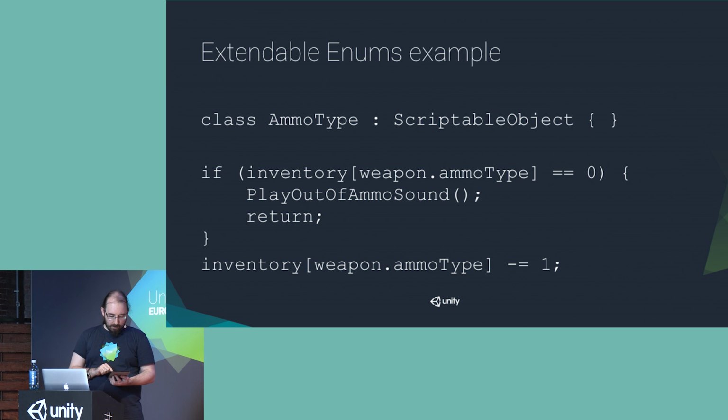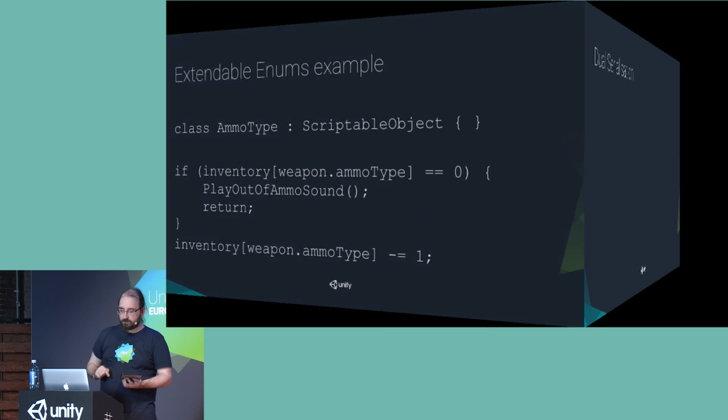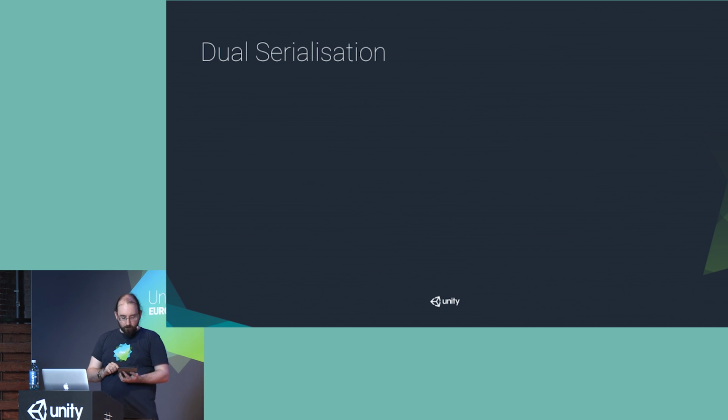So, pattern 3, dual serialization. As I said, one of the nice advantages to using scriptable objects is that they are fully compatible with Unity's serialization system. So you create one of these things, you can throw it in the project, look at it in the inspector, include it in builds and so on, and Unity will just make all that work.